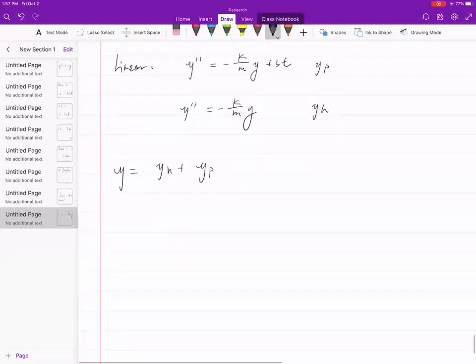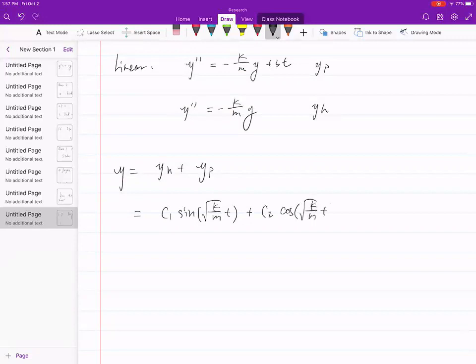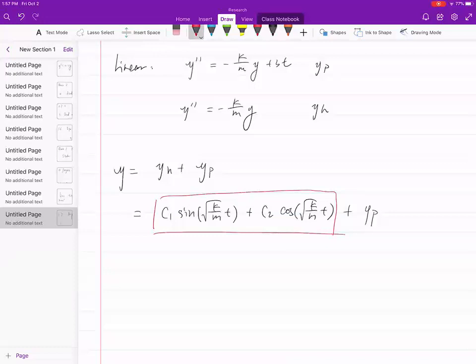Cool. Now I'm going to write down the solution. It's actually not too surprising. Where this part is the solution of the homogeneous, and this part is just one special solution.